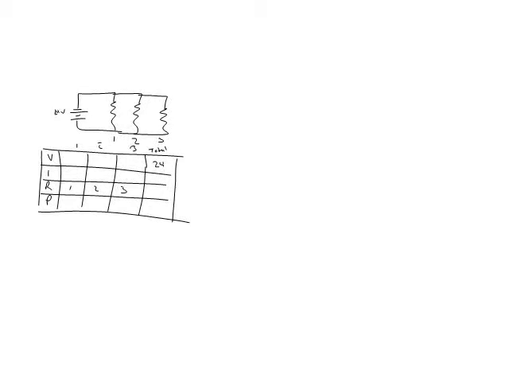All right, we're going to add up our resistances. 1 over 1 plus 1 over 2 plus 1 over 3 gives us 1 over the total resistance.